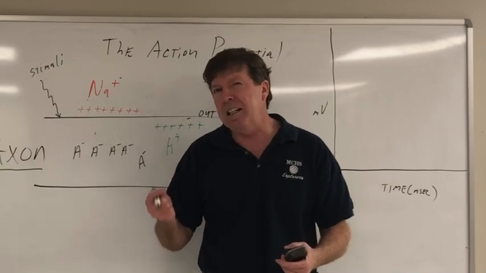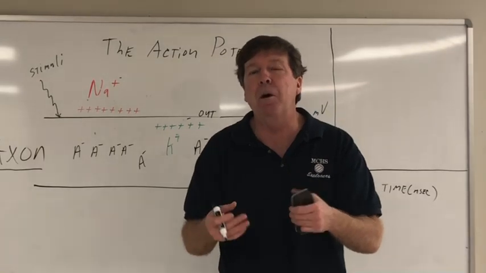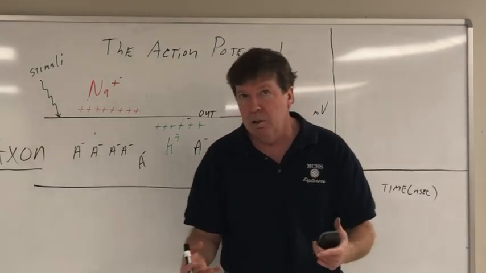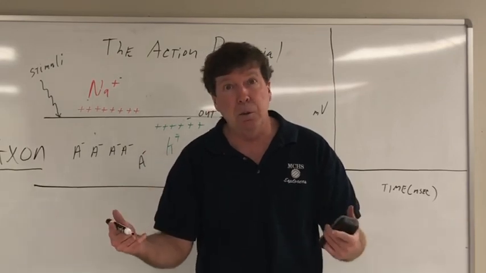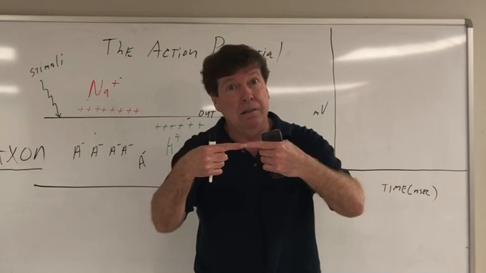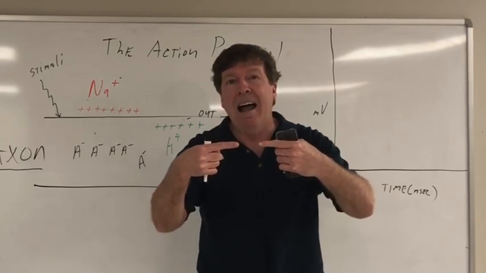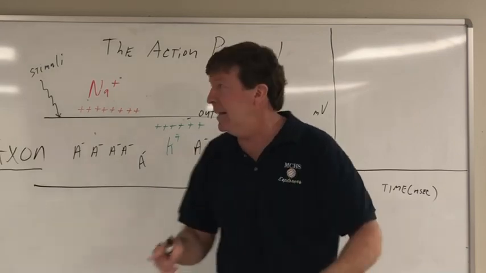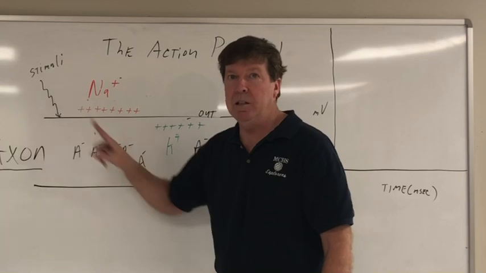They are voltage gates which can open and close depending upon stimuli. So this voltage gate, which is essentially a protein, is going to be closed at certain points in time, but it can open at certain points in time based on the amount of the stimulus present.